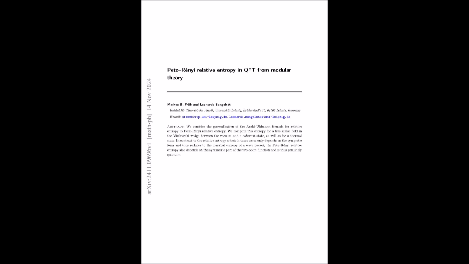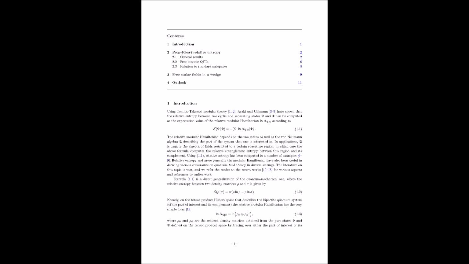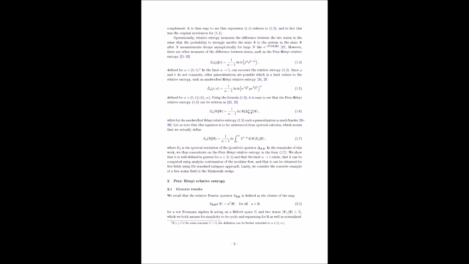Now, the paper starts by talking about Araki-Uhlmann relative entropy. Can you give us a quick rundown of what that is and why it's important here? Absolutely. It's kind of the foundation for everything else in the paper. It's essentially a measure of how distinguishable two quantum states are from each other. The authors give an equation for it, equation 1.1.